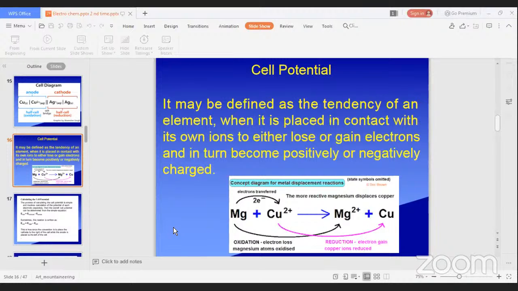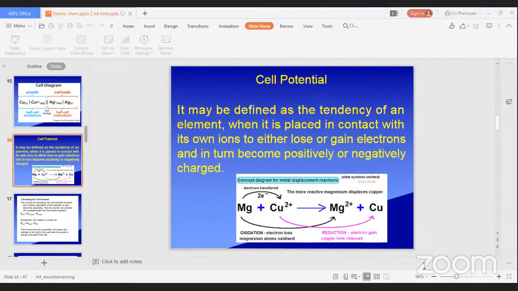That means at that process, what is happening? When a copper electrode is dipped in the copper sulfate solution, the process undergoing is reduction. Cu2+ is converting into copper. That potential developed is called the reduction potential. While a copper electrode is dipped in copper sulfate solution, some reduction potential will be developed.